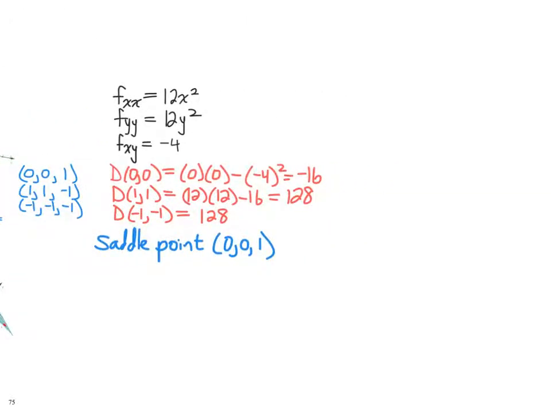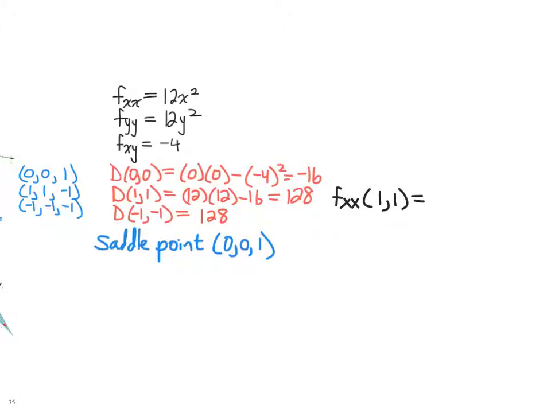So I extend upon this and I evaluate my second order partial for 0, 0. Oh, we already did 0, 0, sorry. That's the saddle point. And I wrote 0, 0 again like a fool.